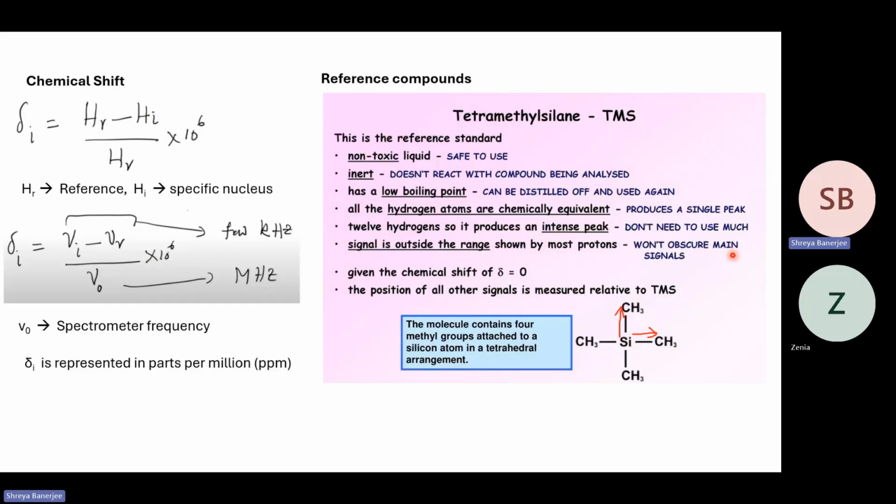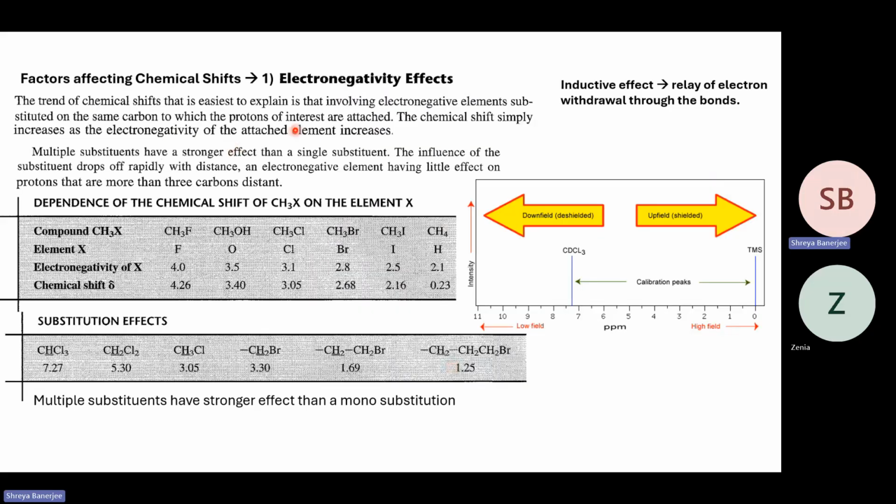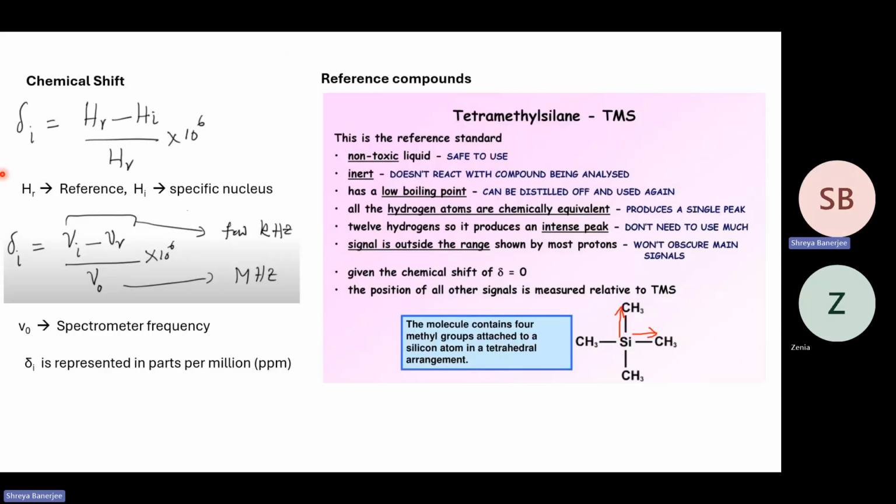So there will be no confusion between which is your reference signal and which is your molecule signal. Since it is the reference, we generally assign it the chemical shift of 0, and the position of other signals are measured relative to this. Now, about chemical shifts. So this delta is termed as the chemical shift.